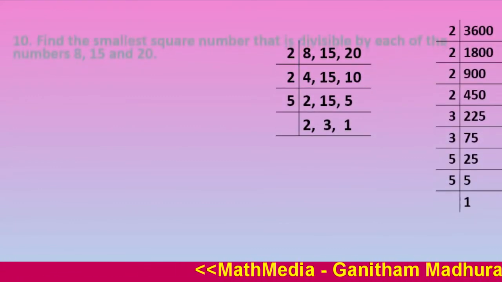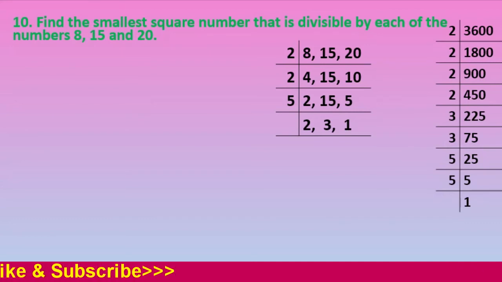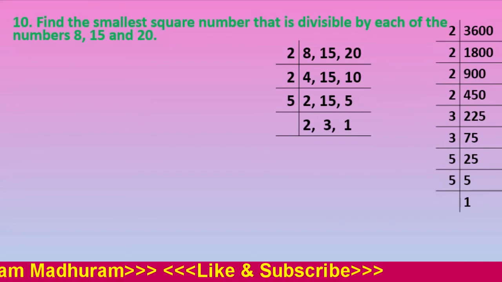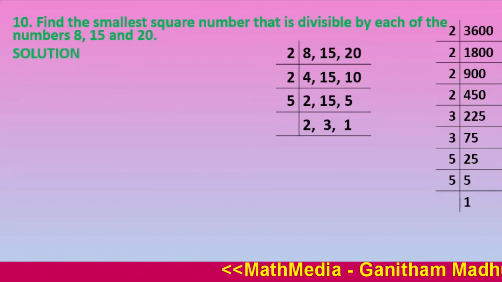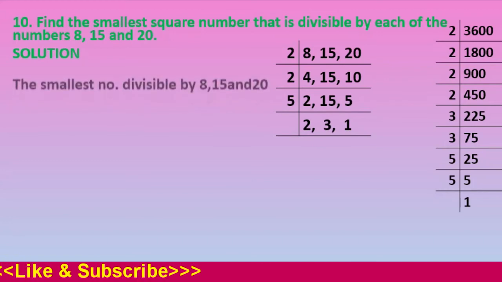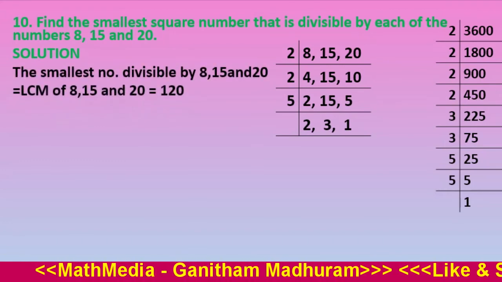Our next question: find the smallest square number that is divisible by each of the numbers 8, 15 and 20. We know that the number divisible by 8, 15 and 20 is the LCM of 8, 15 and 20.